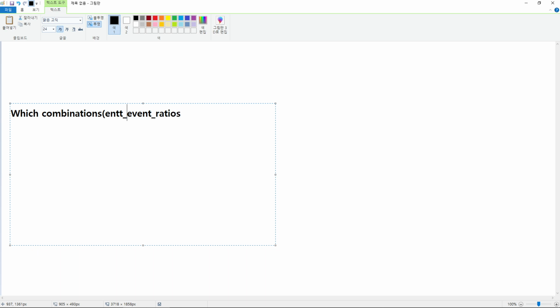Let's just call it event ratios for now, just to make it shorter. Which combinations lead to moderately high level of convergence. Now, emphasis on the moderately, because if everything converges really highly or a lot, then I've probably said this a million times by now, that is not good.